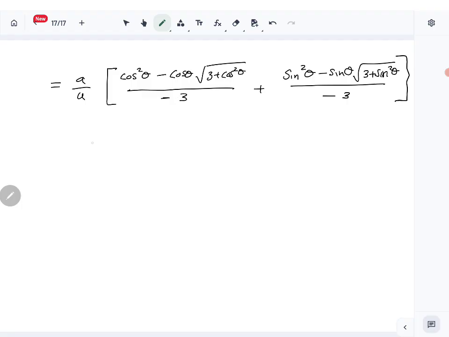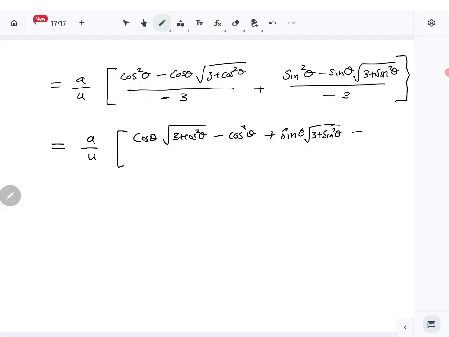So then take a minus out from the numerator here, so the minuses cancel out. You will get a over u, cos theta root part minus cos squared theta, and we'll put everything under one denominator. The denominator is the same for both, so this will give you plus sine theta root part minus sine squared theta, over 3.